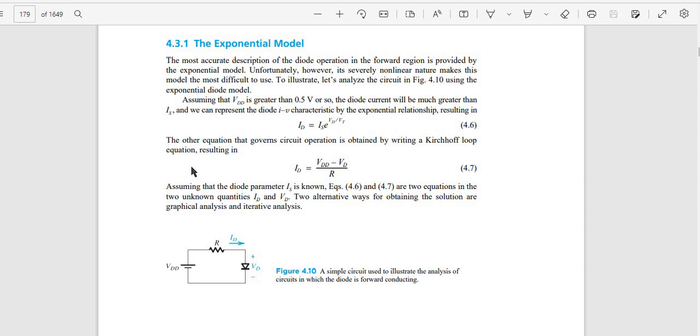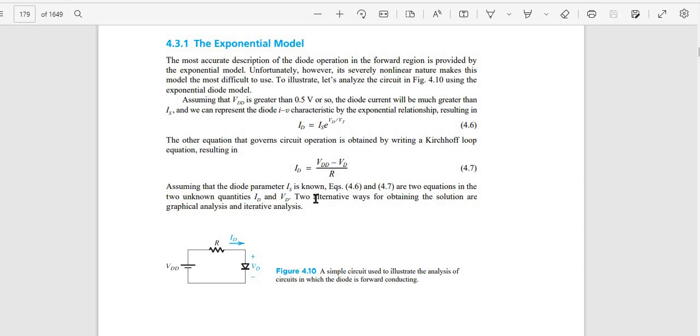The other equation governing circuit operation is obtained by writing a Kirchhoff loop equation, resulting in ID = (VDD - VD)/R. Assuming that the diode parameter IS is known, equations 4.6 and 4.7 are two equations in the two unknown quantities ID and VD.